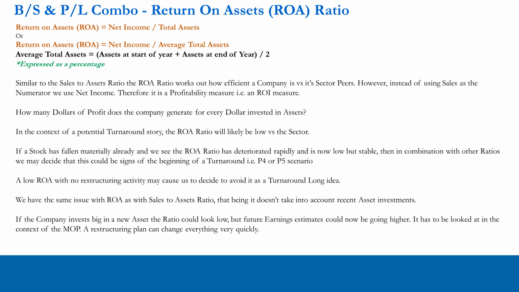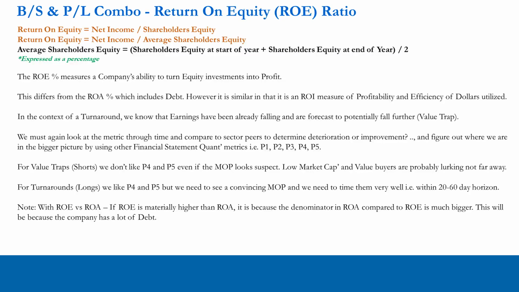Our next balance sheet P&L combo is return on equity, which can be calculated in two ways. Firstly, net income over shareholders' equity, or net income over average shareholders' equity, where the average shareholders' equity is calculated as shareholders' equity at the start of the year plus shareholders' equity at the end of the year divided by 2.